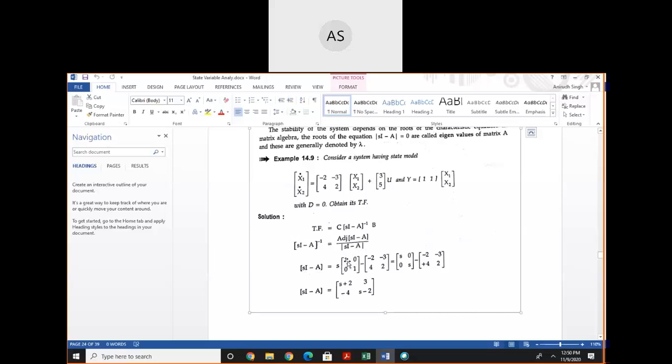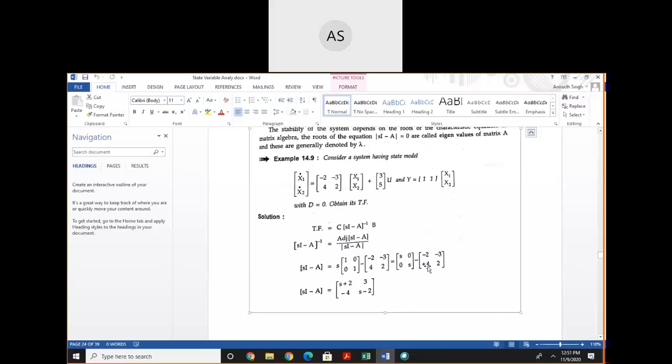Calculate sI minus A. This is my identity matrix, 1 0 0 1, minus A. A is minus 2, minus 3, 4 and 2.